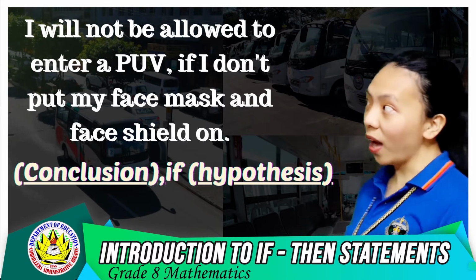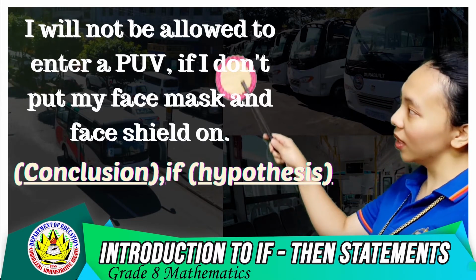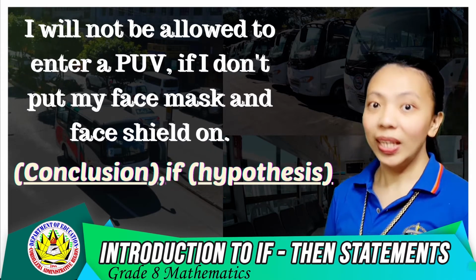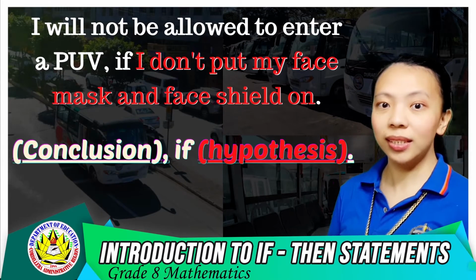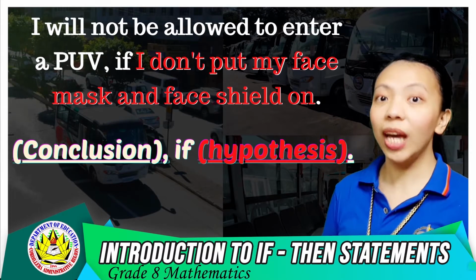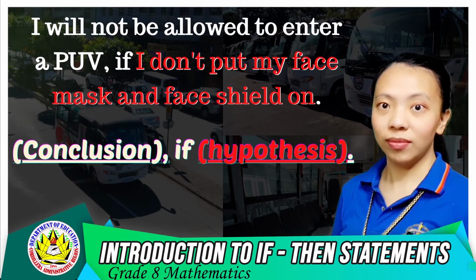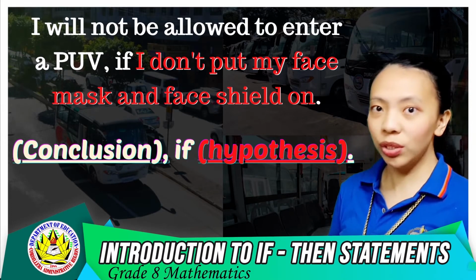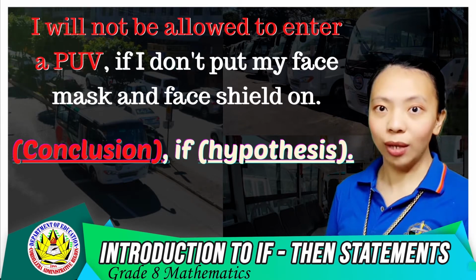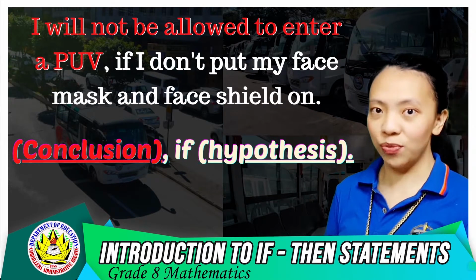Let's identify the hypothesis and conclusion of this conditional. Its hypothesis is, I don't put my face mask and face shield on. Its conclusion, on the other hand, is, I will not be allowed to enter the PUV.